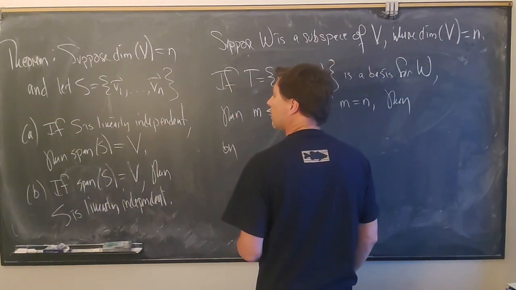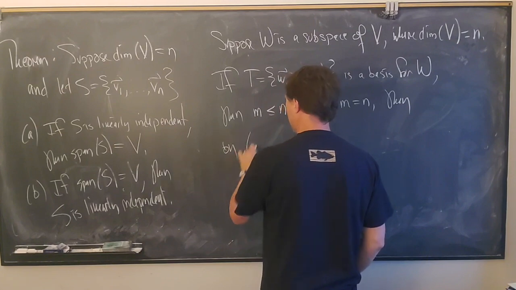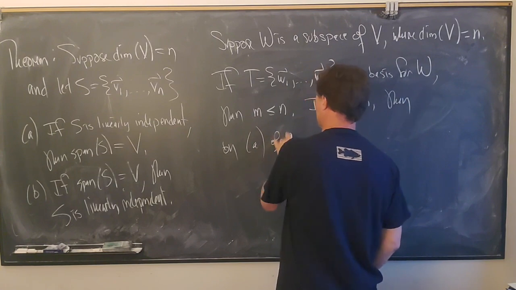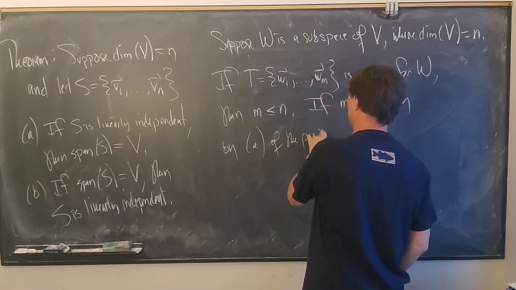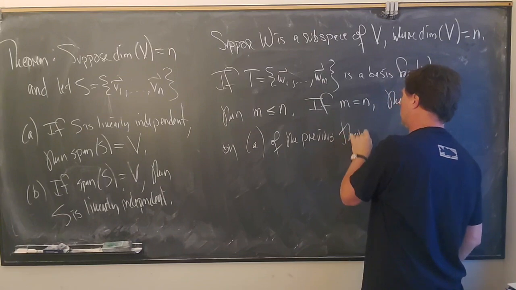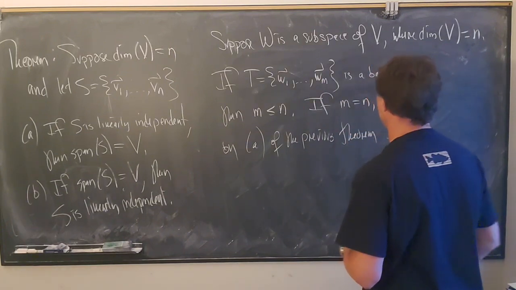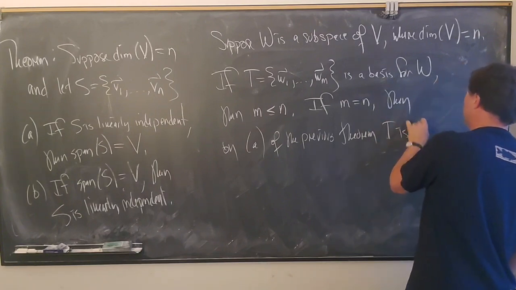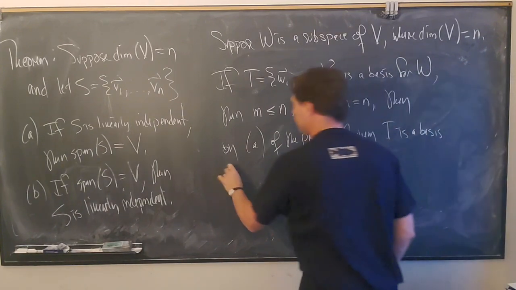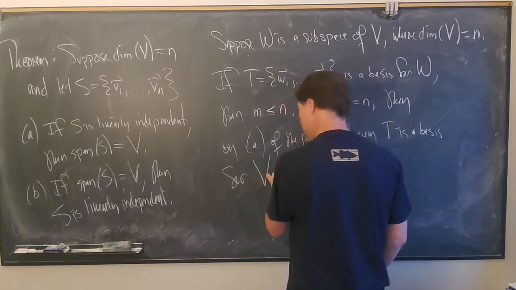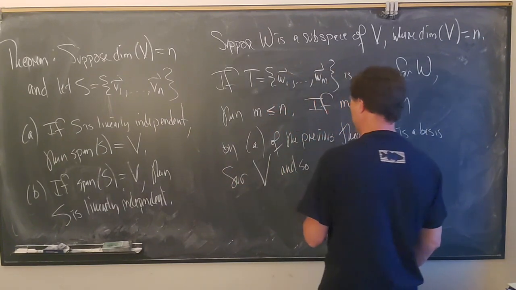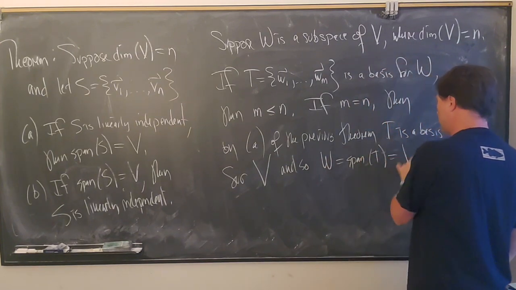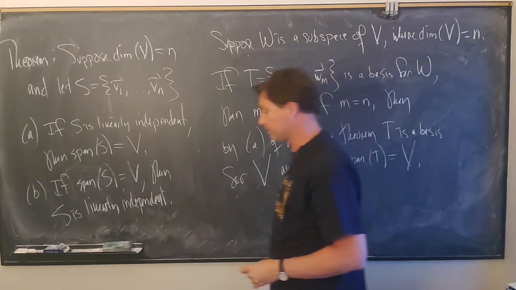So then by part A of our previous theorem, T is a basis for capital V, and so we have W equals the span of T, which equals V, which means that W has to equal V.